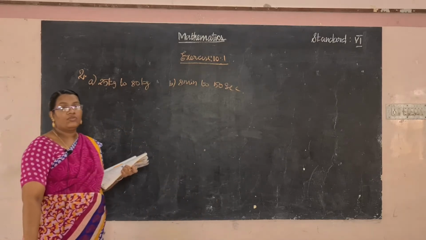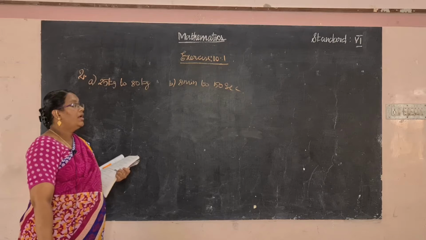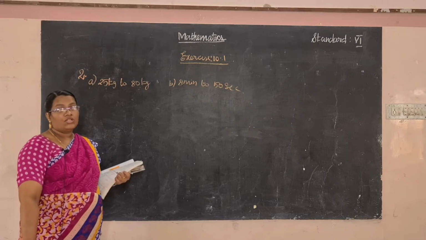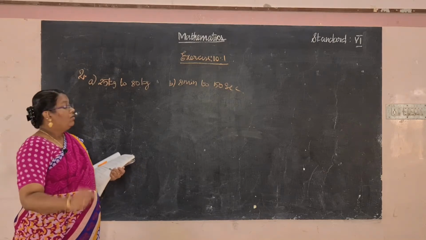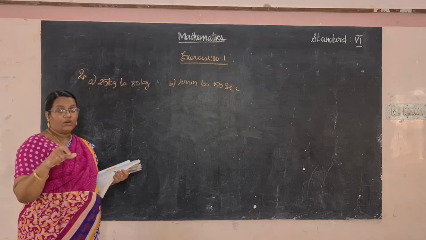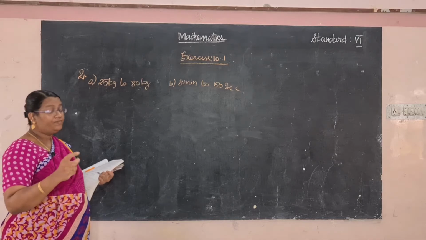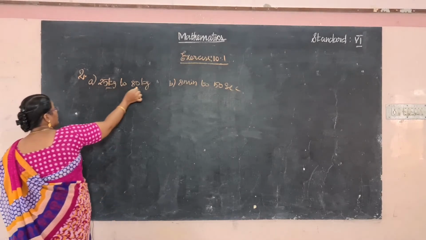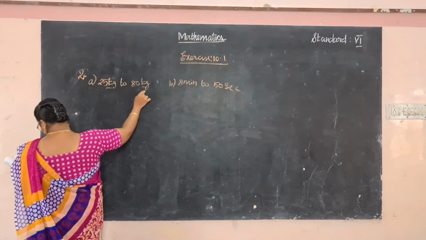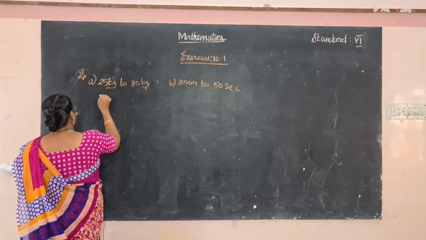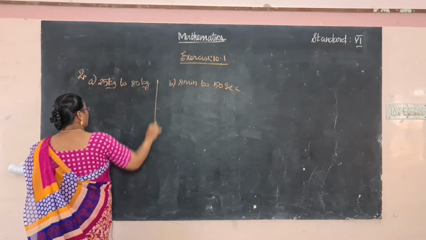So what is the first property of ratio? First we have to write the ratio in the simplest form. Second property, we have to check the units. Here the units are the same. Yes. So now we write the ratio.